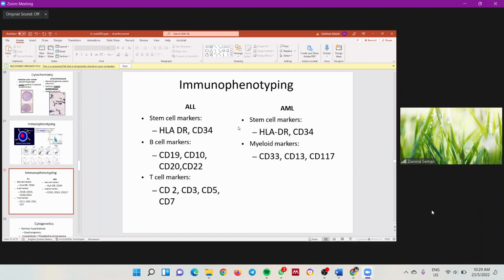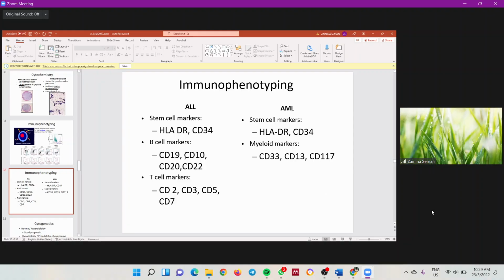Stem cell markers are common to both ALL and AML, and they should be positive. Stem cell markers signify the immaturity of the cell, and consist of HLA-DR and CD34. ALL should be positive, AML also should be positive.